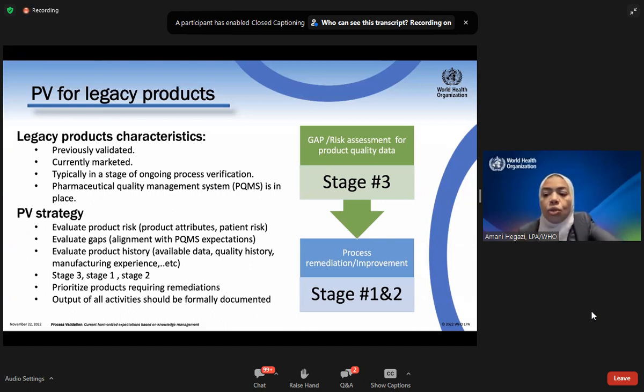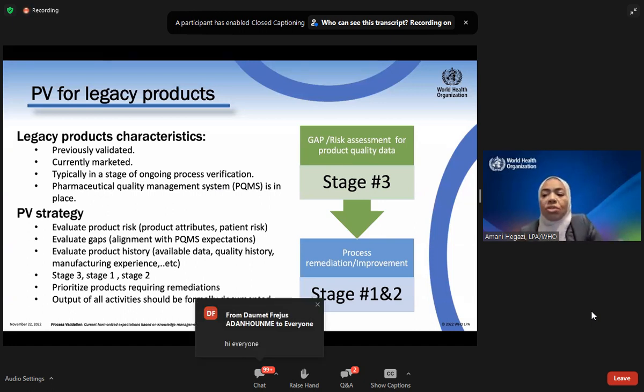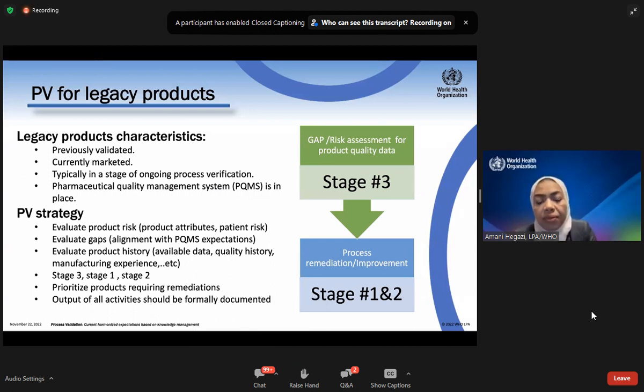with these legacy products? Before implementation of the process validation lifecycle evaluation, we shall ensure that the quality management system is in place and fully implemented, and the quality work culture is in place, supported by documentation, training, and other quality management system elements.